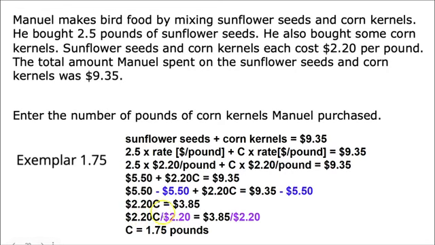So $2.20 divided by $2.20 is equal to 1. And you have to do the same thing on the opposite side of the equal sign, and that is $3.85 divided by $2.20. And that will end up giving you 1.75, and that is the pounds of corn kernels that you have.